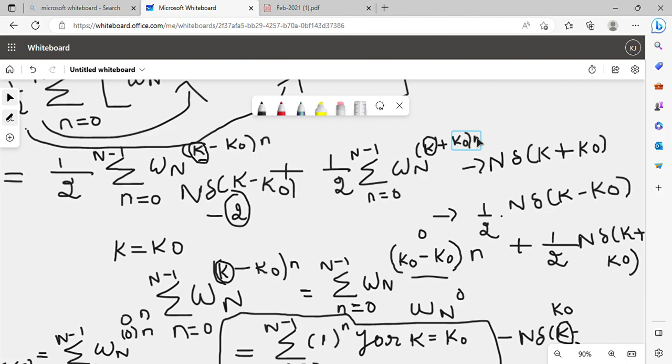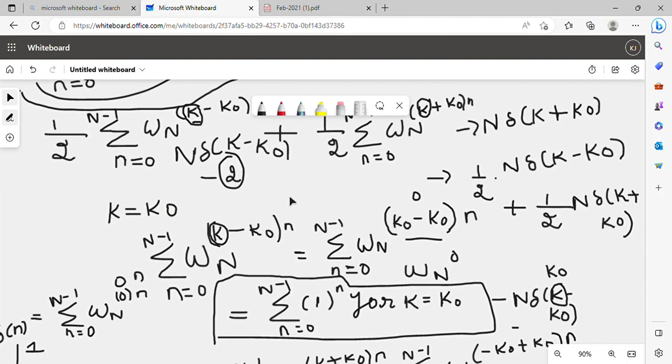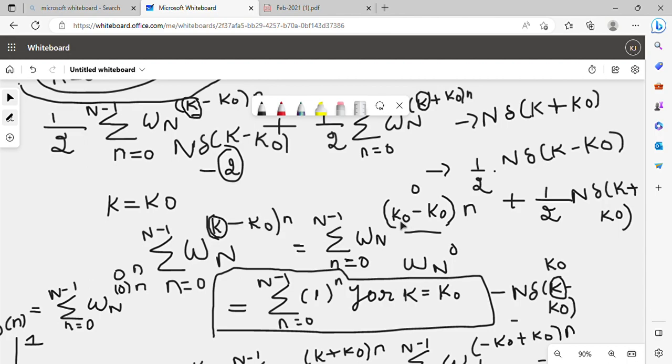Now if I simplify that, I take k is equal to k naught. Then k naught minus k naught is equal to 0, and you get omega N to the power of 0 into n.